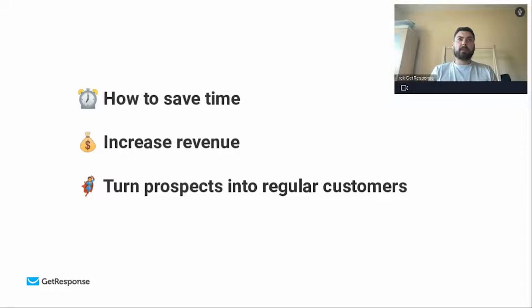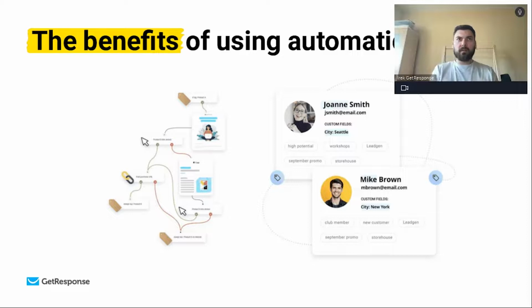I think that I would also like to show you an example of how you can use automation to increase revenue, and also how to turn prospects into regular customers. That's for sure. But still, I think that the main benefit of using automation is actually the fact that you can learn about your audience.